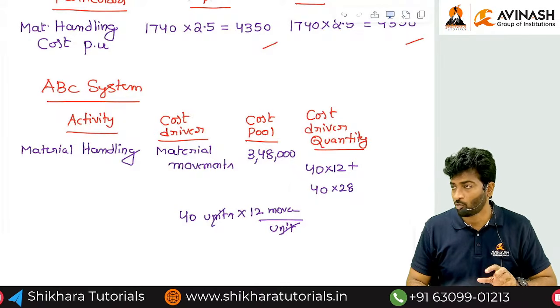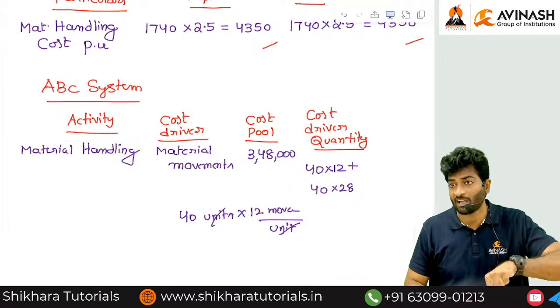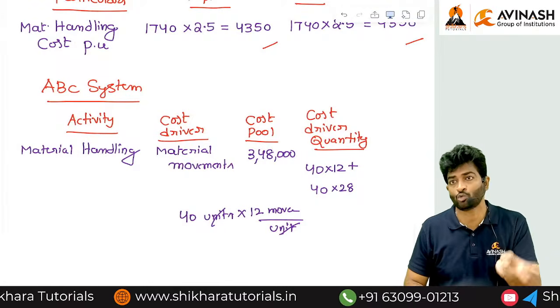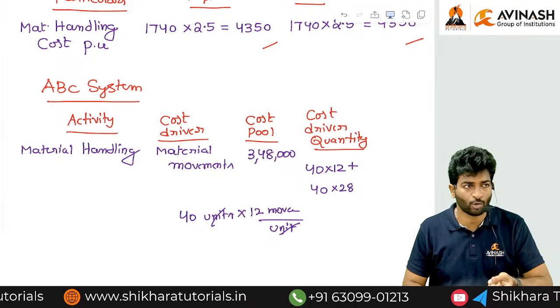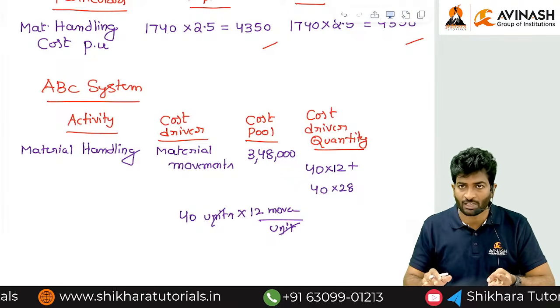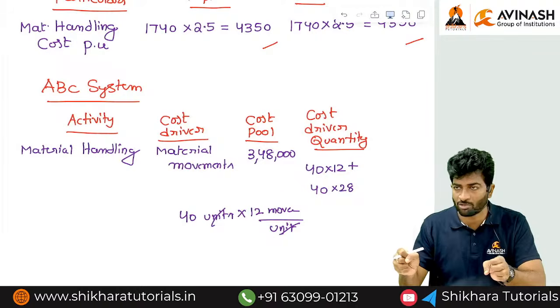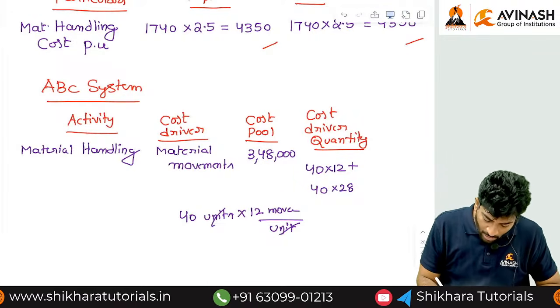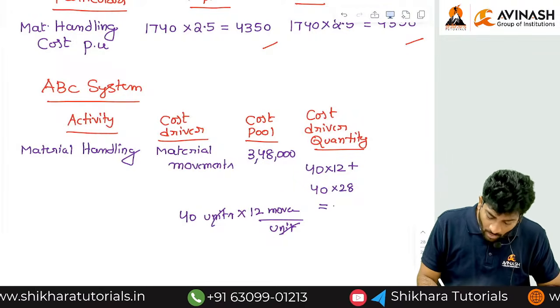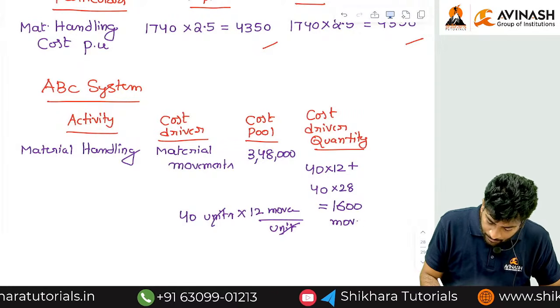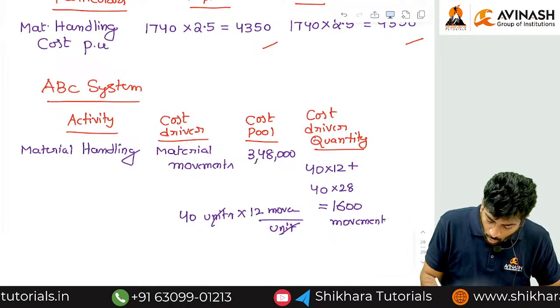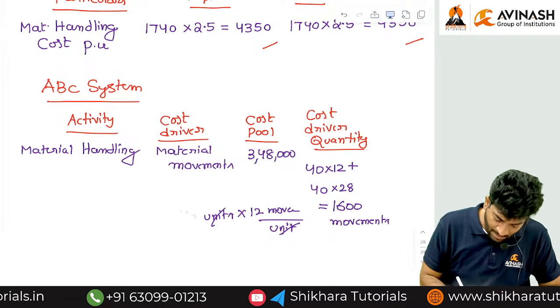I want the total material movements of the entire factory where you are producing 2 products. So beta 40 units and its movements is 28. Movements of alpha and movements of beta put together, total 1600 movements. Is it clear?